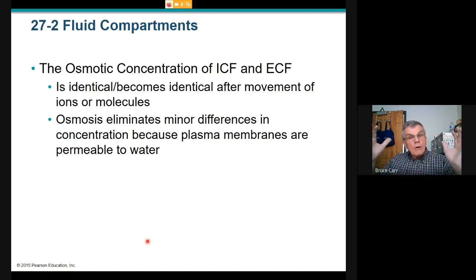They wouldn't blow up and they wouldn't shrink down because the water is in balance outside and inside. If there are changes to that, let's say there's a huge increase in the salt concentration, that's going to move water toward the higher concentration until the osmotic pressure, the concentration, is the same.